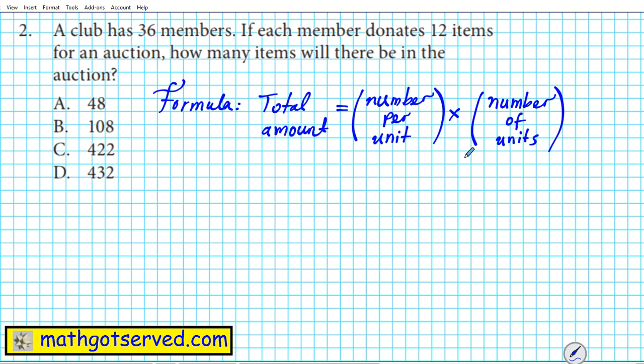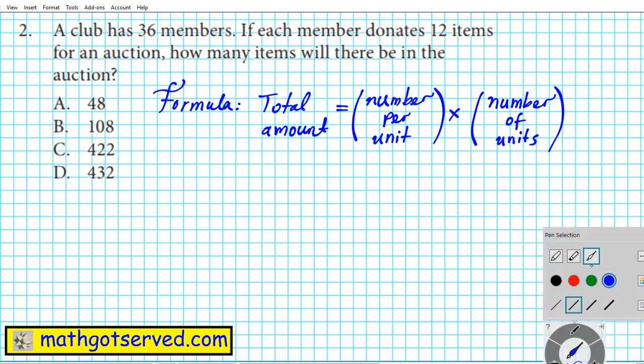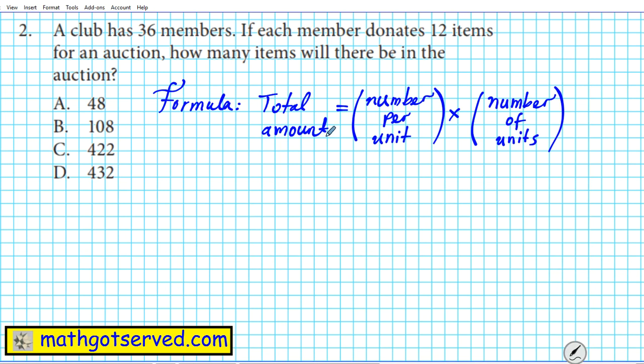Let's now adapt this formula to this particular problem. So what's the grand total? What's the total number of items that we're looking at here? We're looking at the total number of items in the auction.